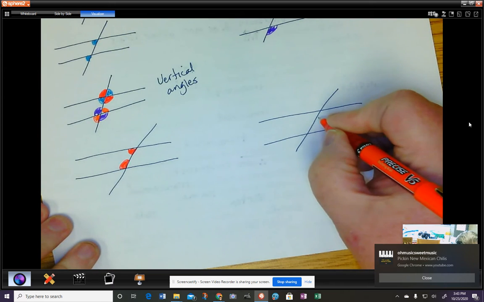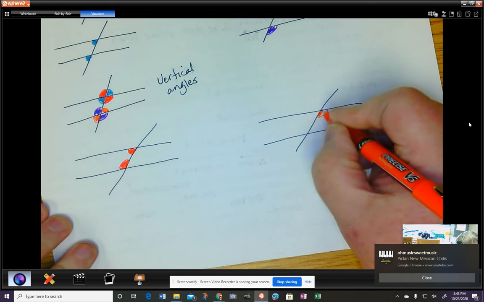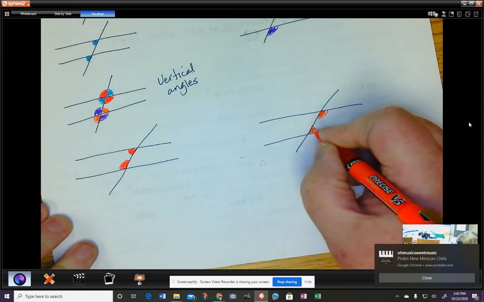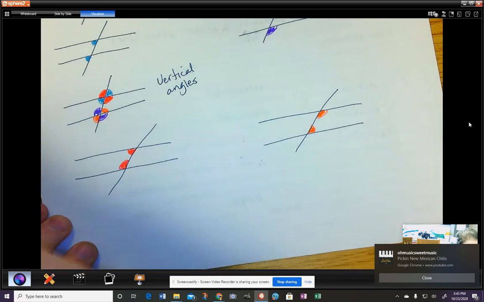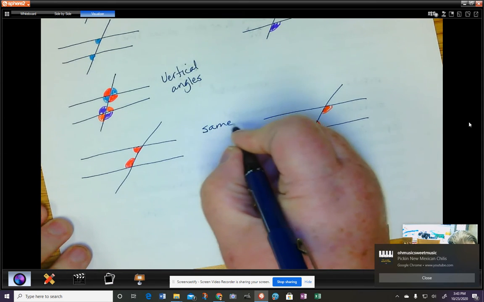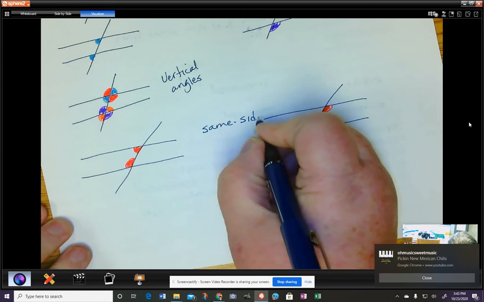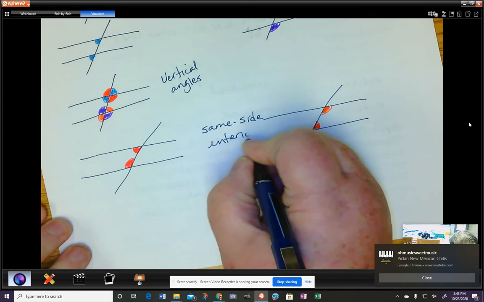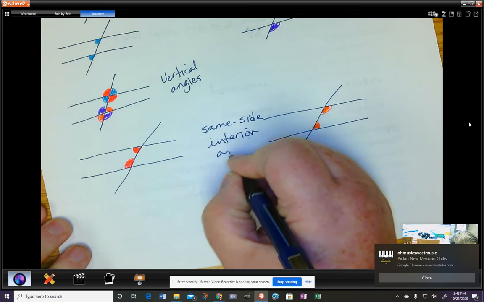And over here, mark this one, and this one. These are the same side interior angles.